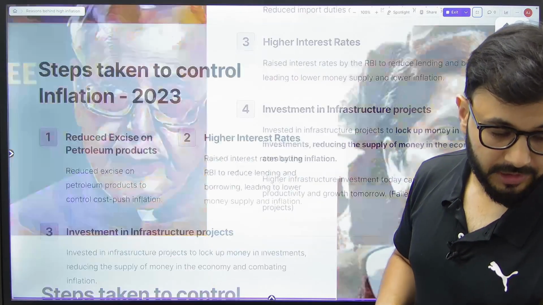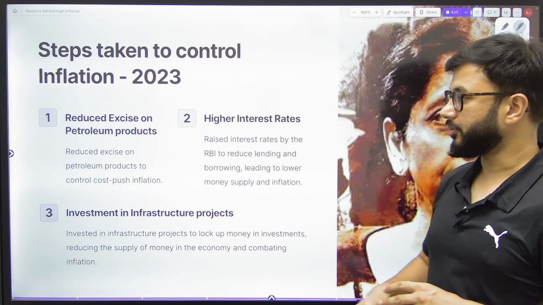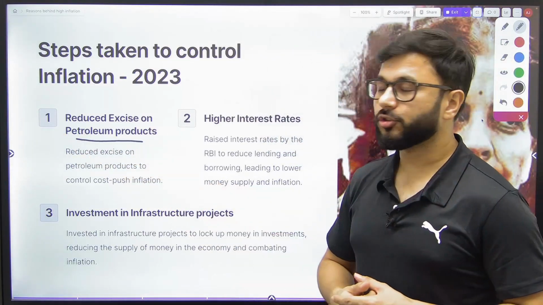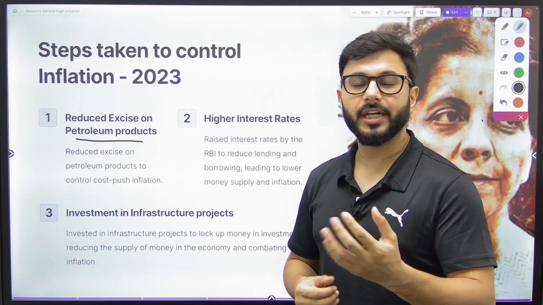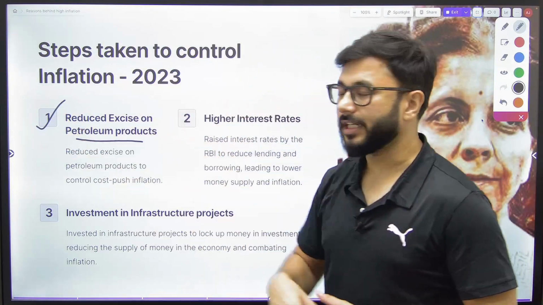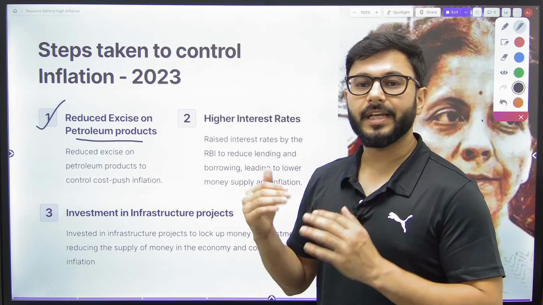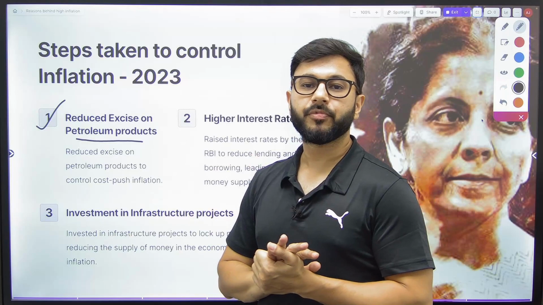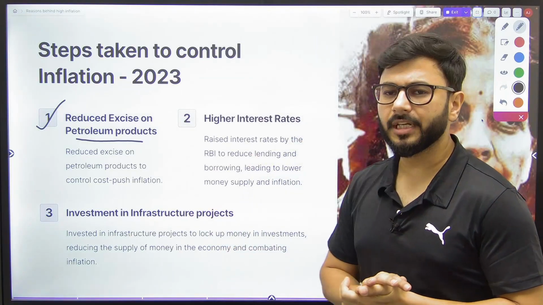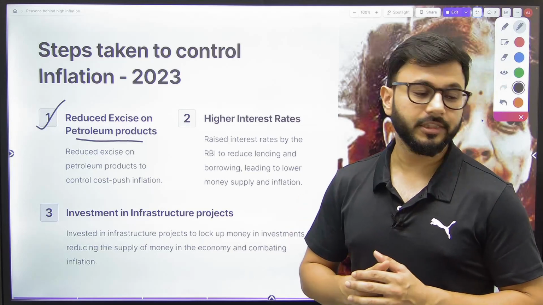And now let's see the steps being taken by the government today to control inflation. Number one, reducing excise on petroleum products, the same as reducing import duties, exactly the same that was being done in 2011 to reduce the rates, taxes in order to cushion the poor people so that they can keep consuming these basic services at the same rate and they do not have to shell out more money.